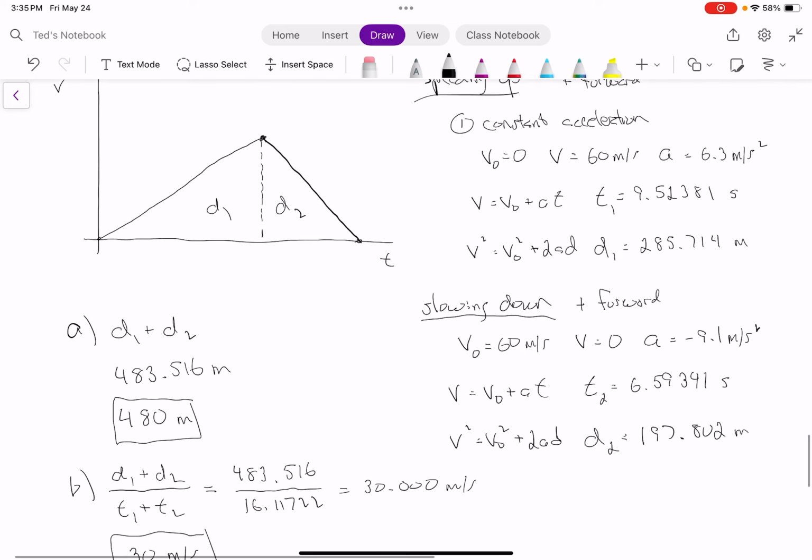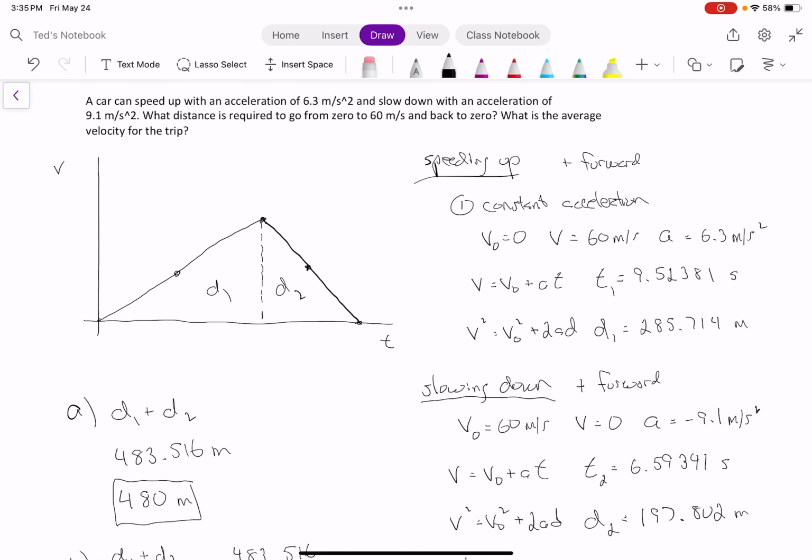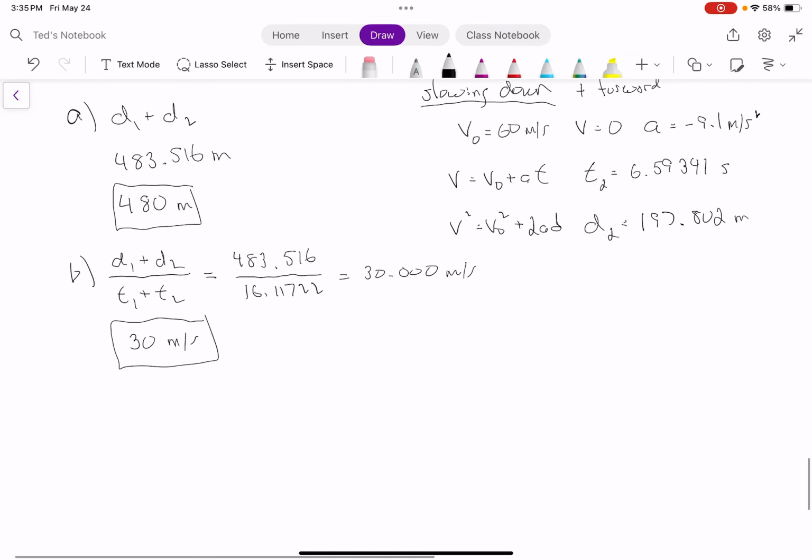And I guess that's not terribly surprising, given that the average velocity for the first half of the trip is 30 meters per second, and the average velocity for the second half of the trip is also 30 meters per second. So maybe it makes sense that the average velocity for the whole trip is 30 meters per second.